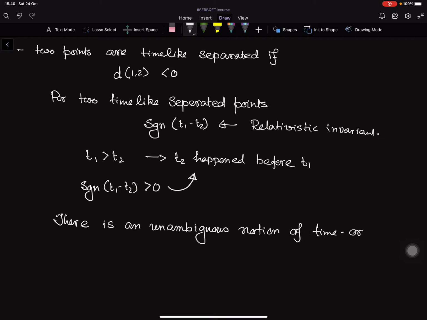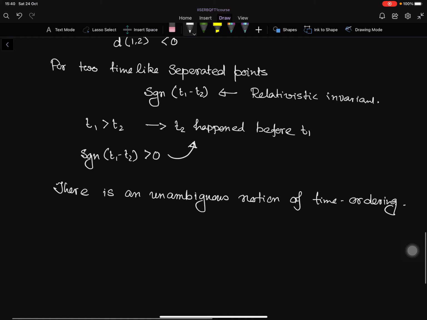We are going in this direction because we know that in order to define propagators, for example Feynman propagators, we need the notion of time ordering, and it is very important that there is an unambiguous meaning of time ordering. Not just for the Feynman propagator, but the retarded or advanced propagator also has a theta function, right?